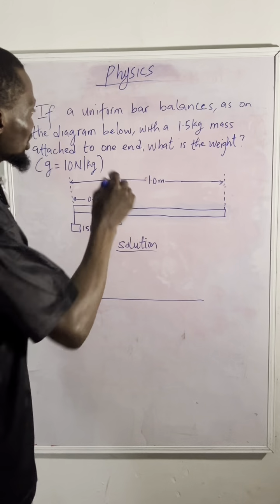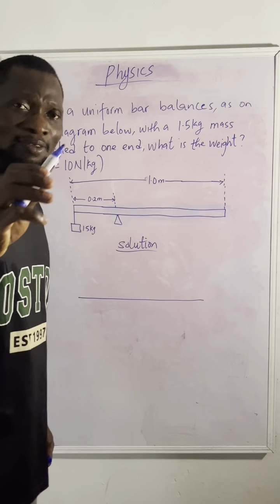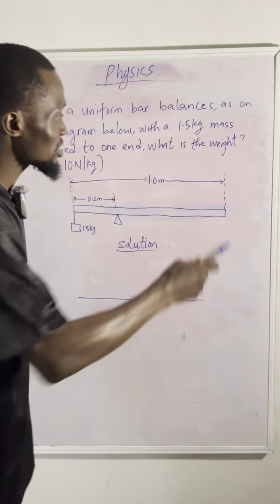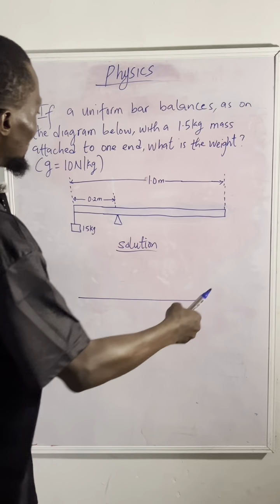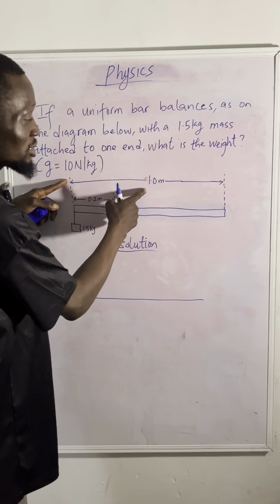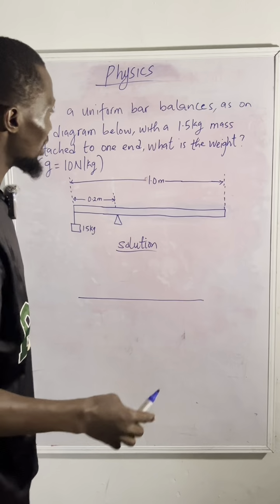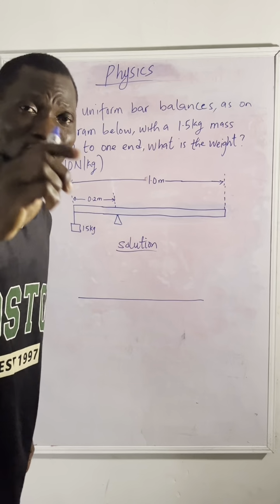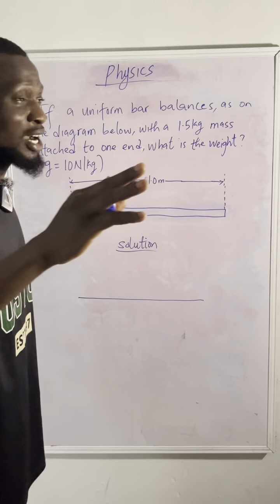Now, the question says a uniform bar, and the question is asking us to find the weight of the bar. Remember, the length of this bar, look at this diagram carefully, is 1 meter. That is 1.0 meter.